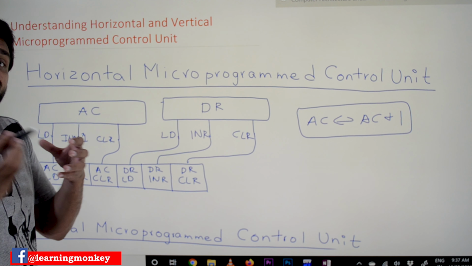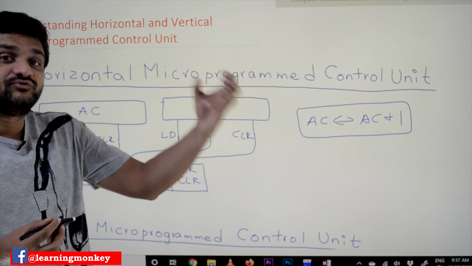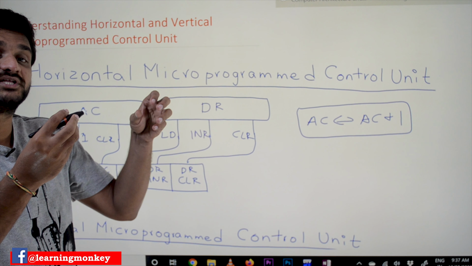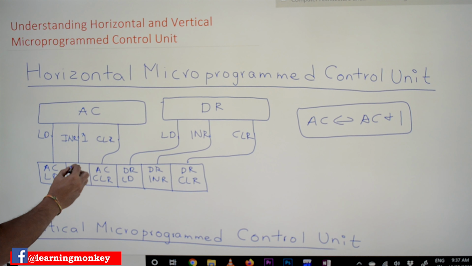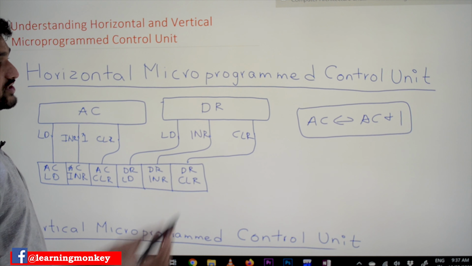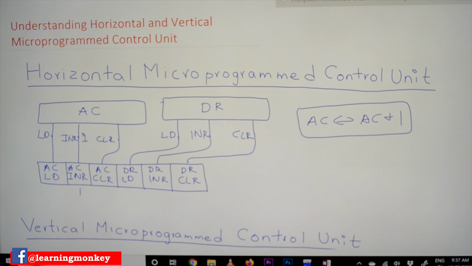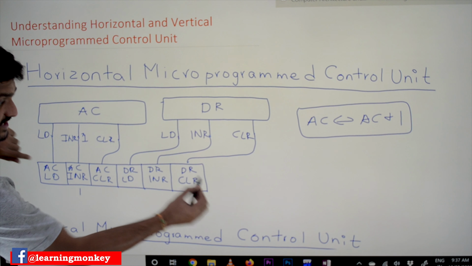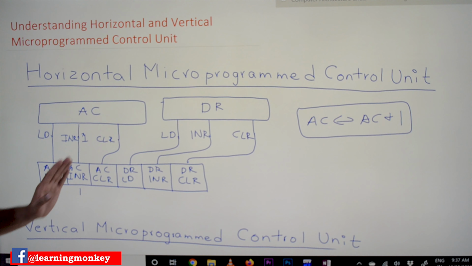In order to do such micro operations, every input to which a signal has to be generated must be provided with the necessary signal. So in order to do AC = AC + 1, we have to provide 1 here. With this the accumulator will get incremented, and this is what we call a control word.